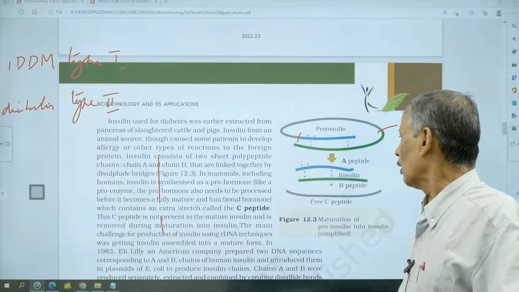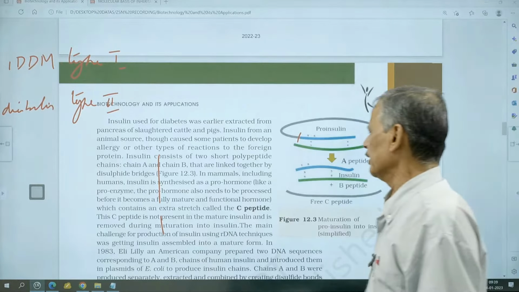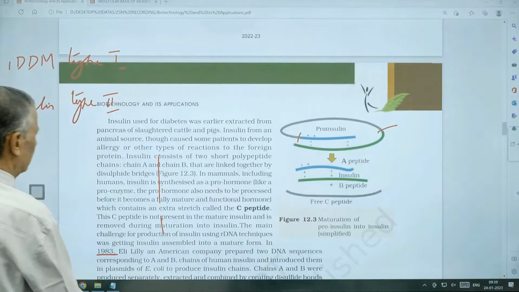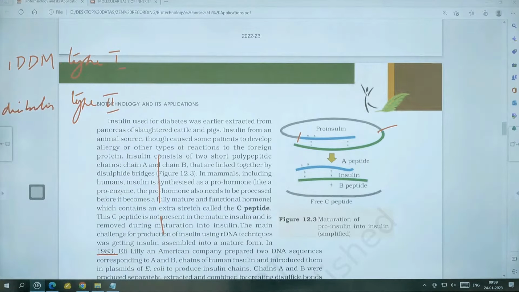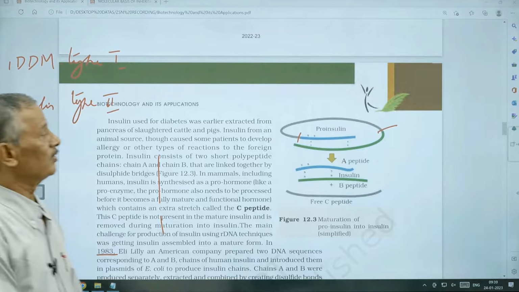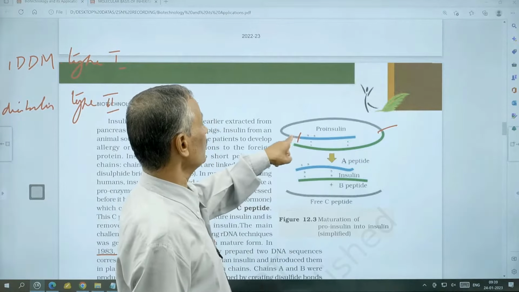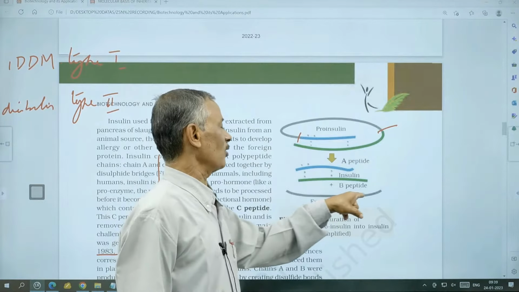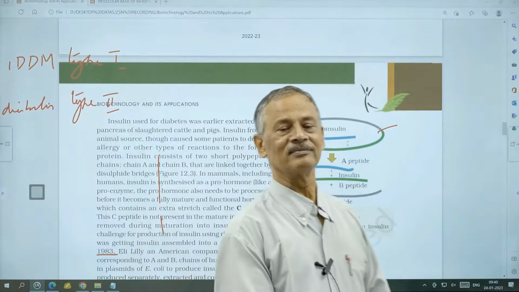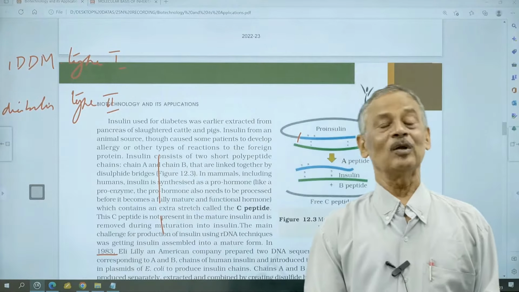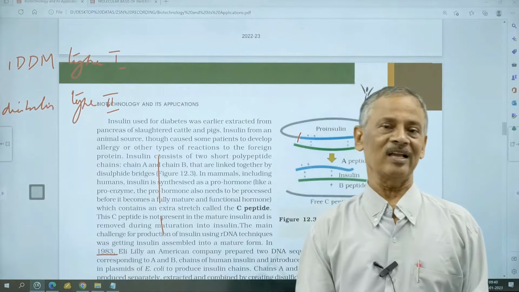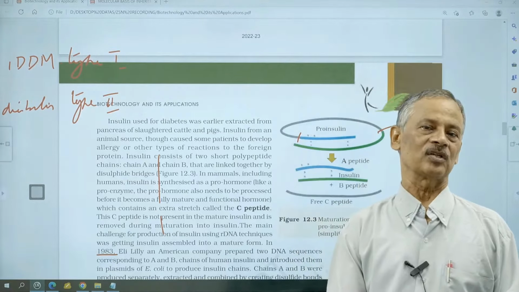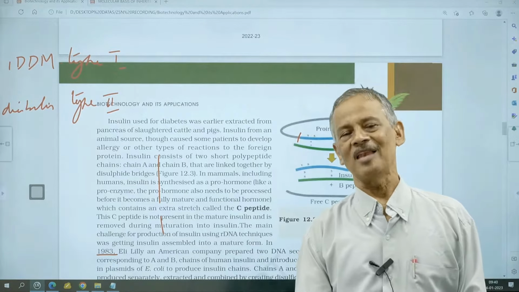Now Eli Lilly and company in 1983 came out with a technique. We are having the amino acid sequence of alpha chain and that of the beta chain. It was the great man Frederick Sanger who sequenced the insulin and found out what are the amino acids present in alpha chain and beta chain.